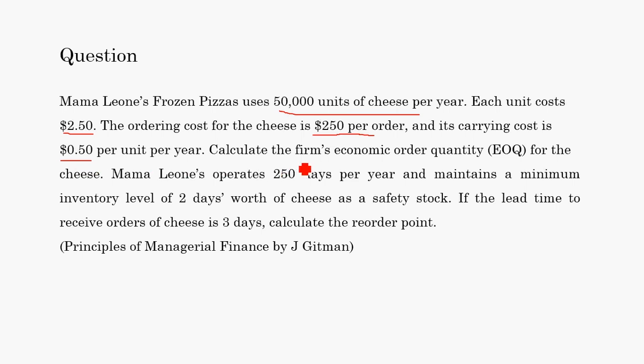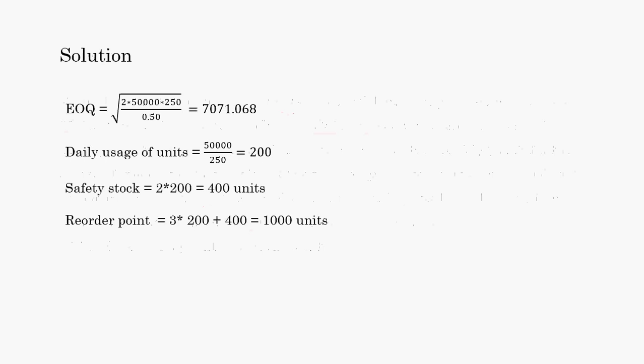We are going to consider that it operates for 250 days per year, and it has to maintain a minimum inventory level of 2 days, so this is nothing but the safety stock. The lead time to receive the order is 3 days. Now we are going to calculate the economic order quantity and the reorder point for this particular question.